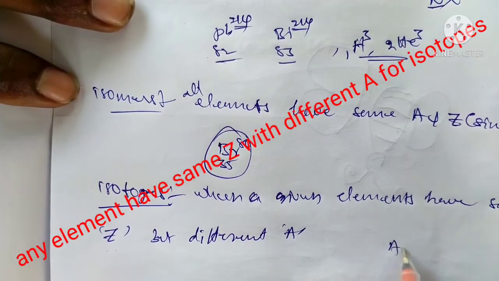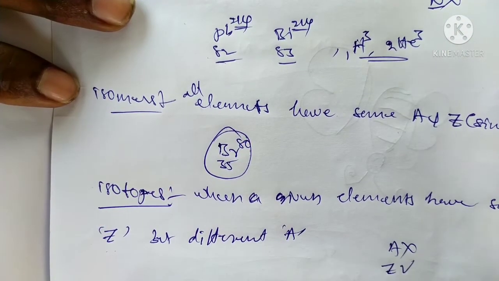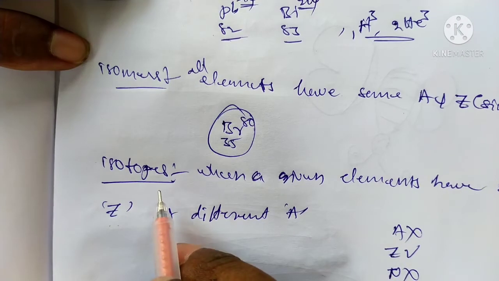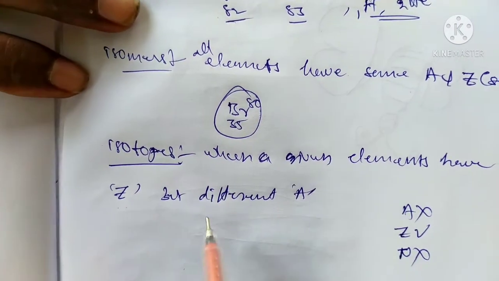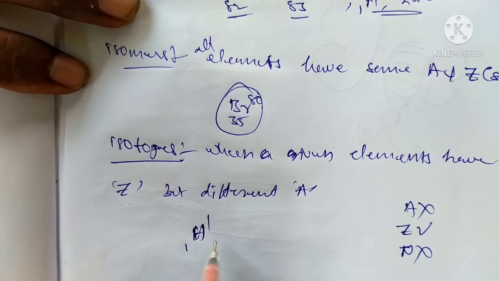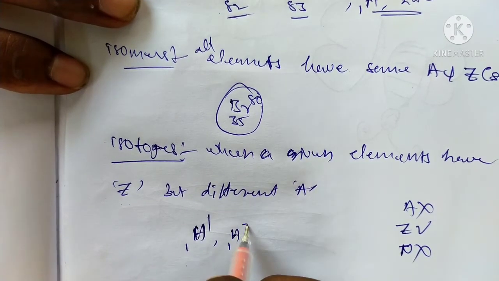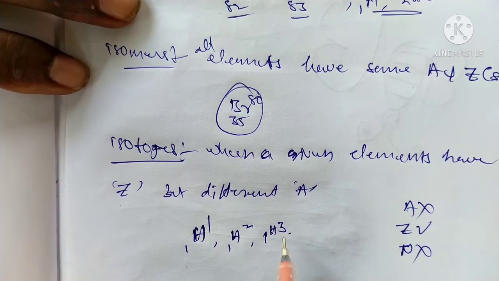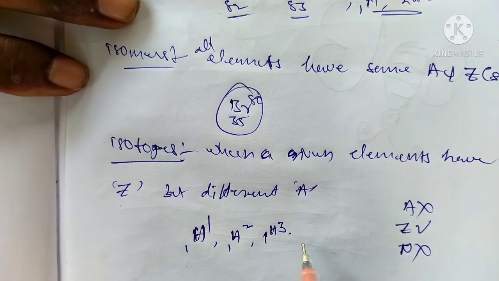That is, A is different, Z is the same, N is not the same. Only the atomic number is the same; the atomic mass number and neutron number are different. This type of elements is called isotopes. The best examples are 1H1, 1H2, 1H3. These are examples of the isotopes.